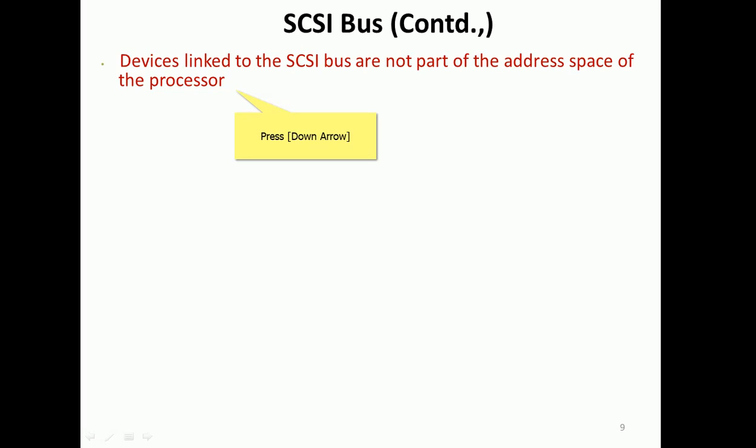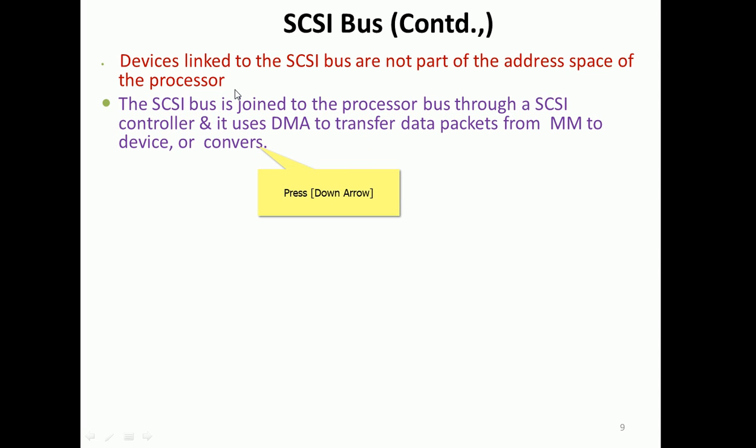Devices linked to the SCSI bus are not part of the address space of the processor. So SCSI is not the job of the processor. The processor hands the responsibility to others, like DMA we discussed. The SCSI also has a controller, which takes care of the devices connected to this SCSI bus, and we also discussed the bridge.